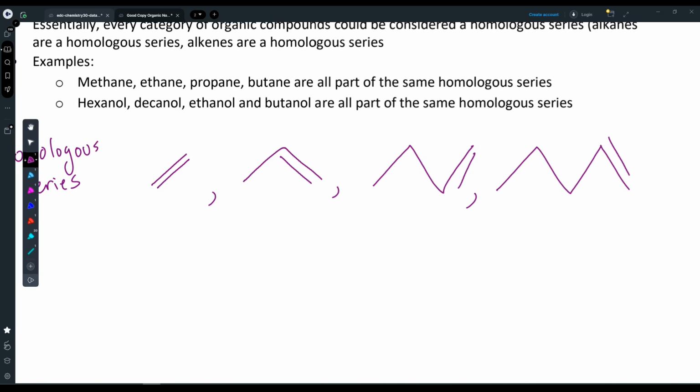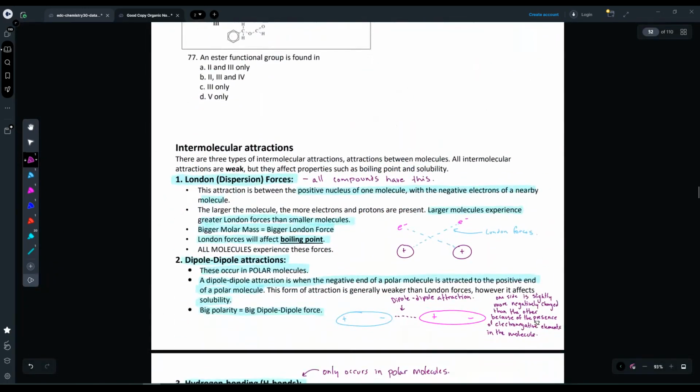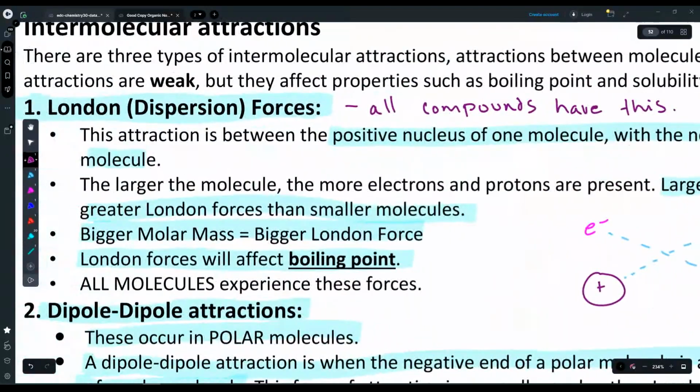Okay, so as we go up in size of the compound, essentially what that means is we're going to have more London forces. Okay, and as we just covered, London forces, those affect boiling points quite a bit.